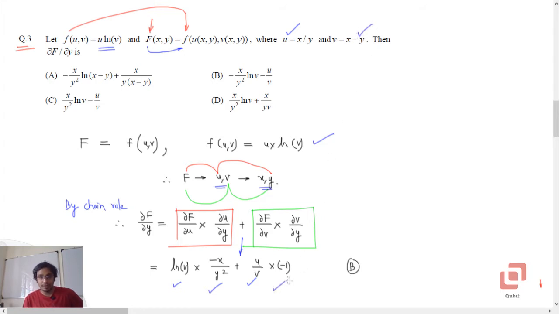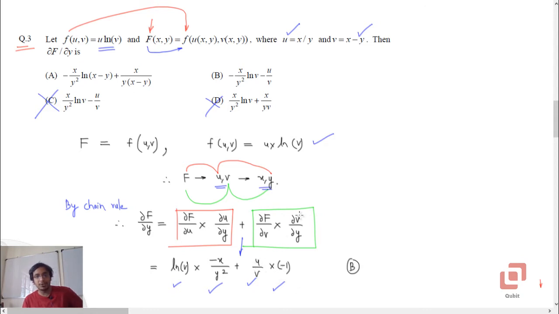Now we have to carefully pick that option which has log of v into minus x upon y squared as one of the terms. C is not going to be there because there the term is positive, so is D. So it then boils down to either A or B, because v is x minus y. Now let us focus on the second term.